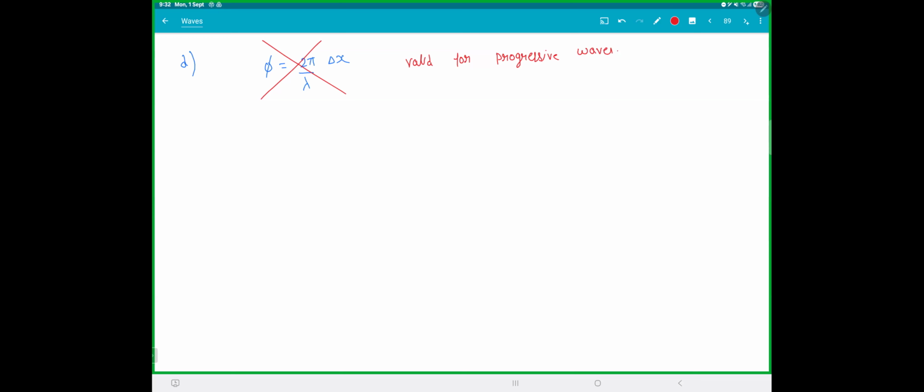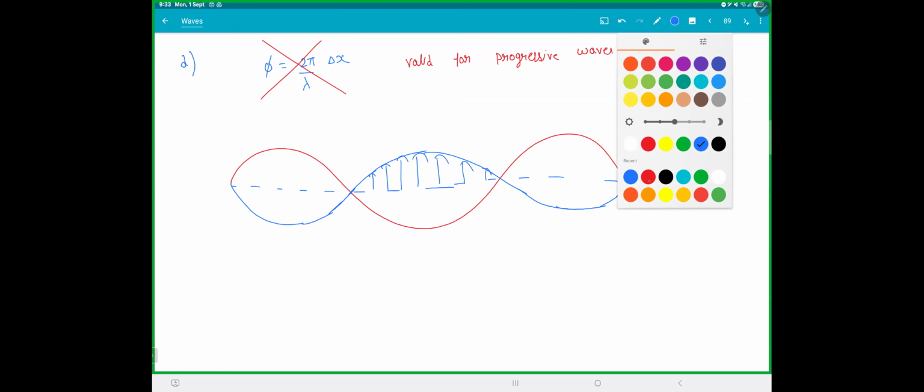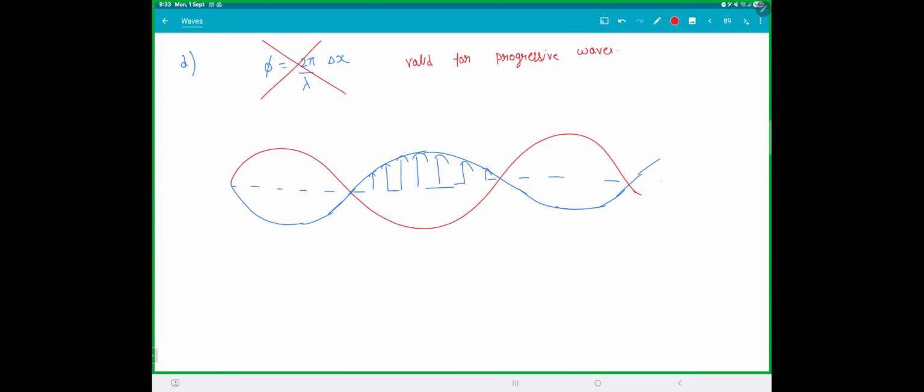That's because of how the particles move in a stationary wave. Look at this. All these blue ones are going up. Let me take the red ones.